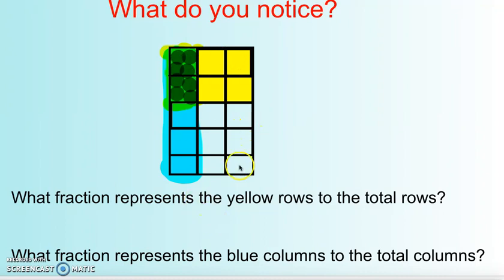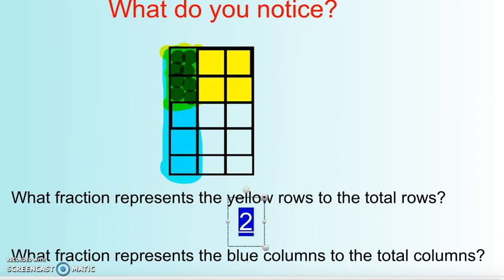Okay, so notice this rectangle is separated into rows, and it looks like there are 5 different rows, and it is separated into 3 columns. So how much is shaded in yellow when you just look at the rows? Yeah, exactly. There are 2 rows that are shaded in yellow.